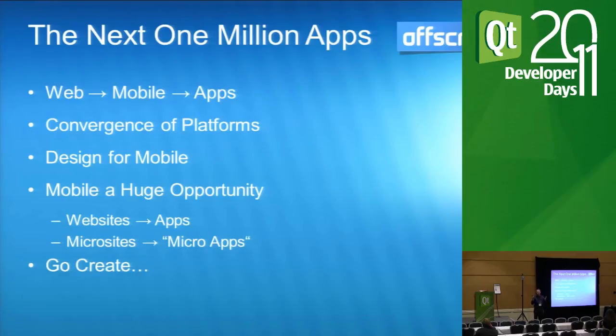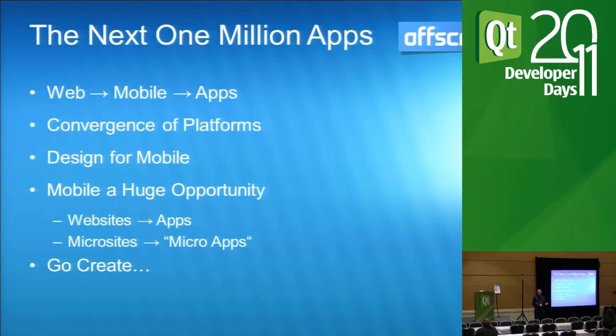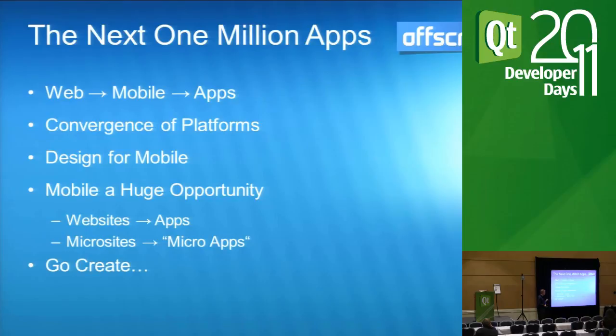And if we want to make this information usable for end users, we actually need to make mobile applications, even for these microsites. So we feel that websites are becoming apps and microsites will be micro apps. We see that there will be millions of new applications developed during the next few years.